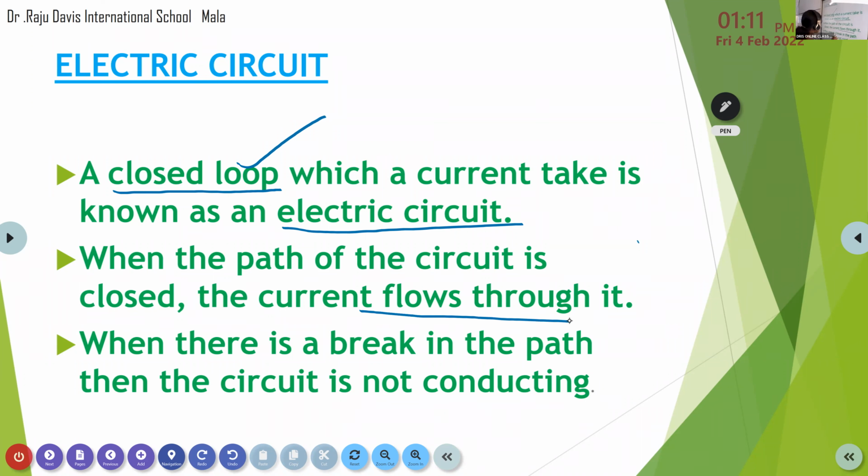If there is any break in the path, does it conduct electricity? No, ma'am. If there is any break in the path, it doesn't conduct electricity. Otherwise, it conducts electricity. So the condition is that an electric circuit must be a closed loop which a current takes is known as an electric circuit.